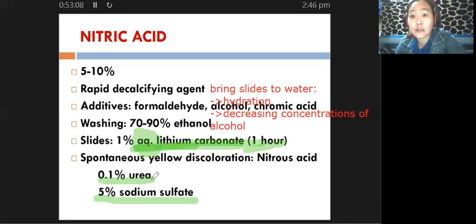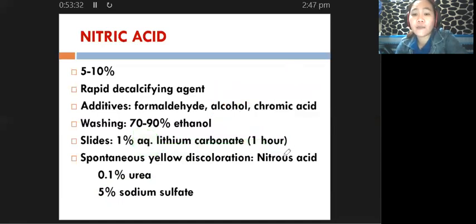Or it can facilitate the removal of your nitrous acid from your stock solution. The stock solution of nitric acid is the pure concentrated form that we have in the laboratory. Those are the things that you have to remember for your nitric acid formulations in general.